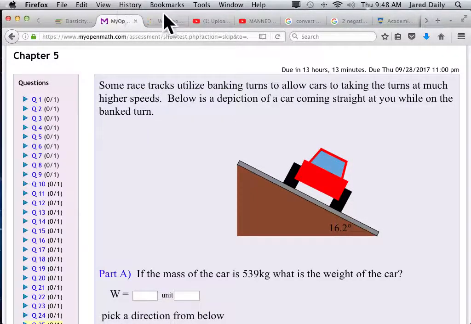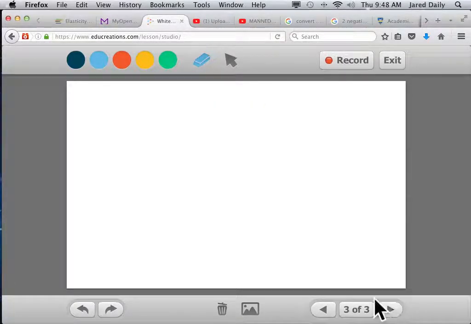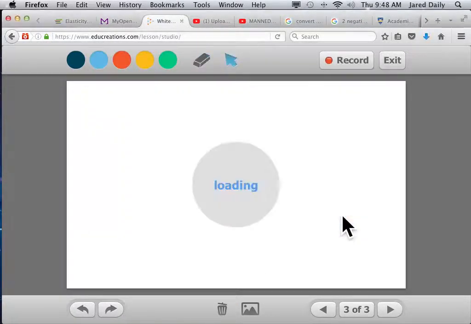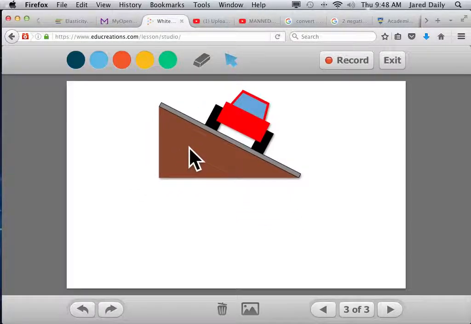So let's go to our whiteboard here, and let's go to a new page. All right, here's our car on the turn.